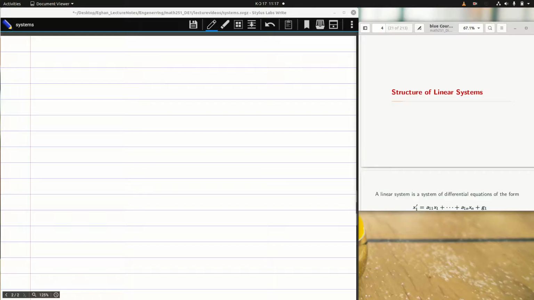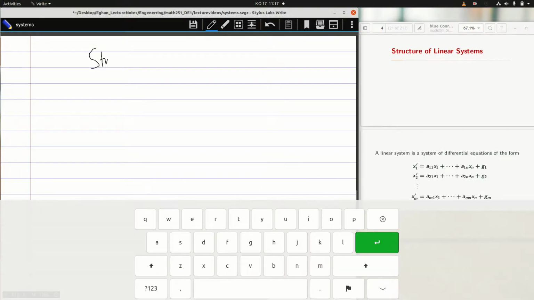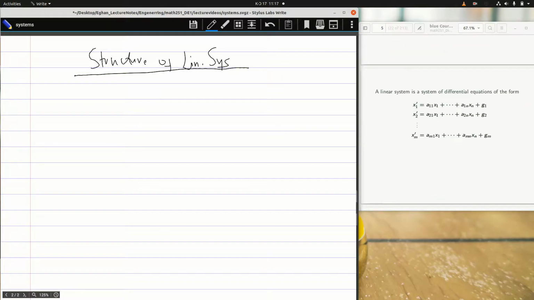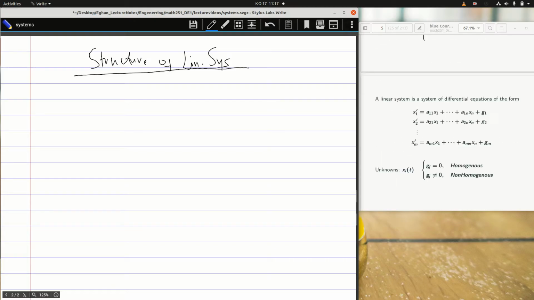So the structure of linear systems, how would it look like? I'll be using my slides to help you understand whatever I need to talk about. So it's always in a form as the representation in the slide.